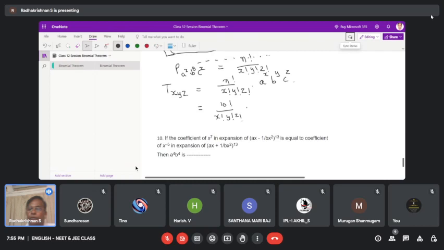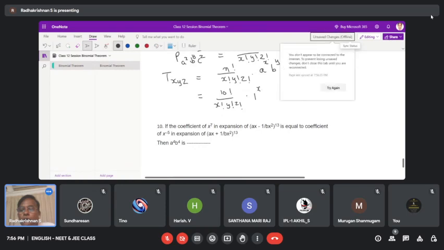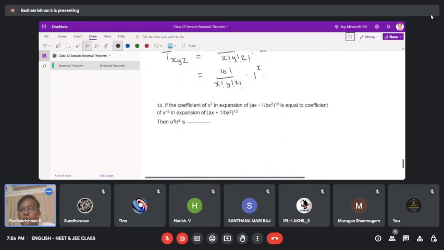It is valid for all combinations of x, y, z. So the general term is 10 factorial by x factorial, y factorial, z factorial into. So what is a now? A we can write, a is 1. 1 to the power of x. And what is b? Minus 2x.